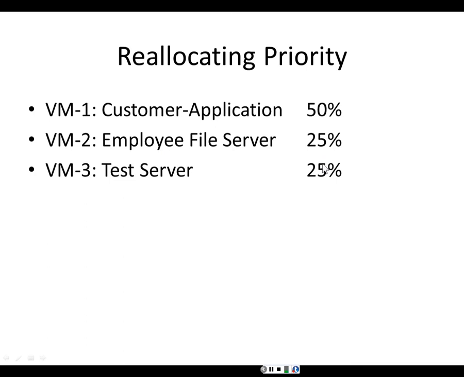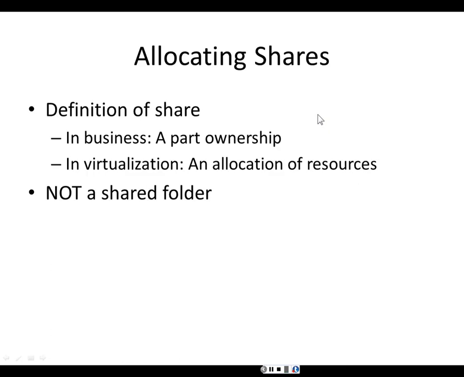Now, by default, they're going to be a third, a third, and a third. So let's see what we can do to reconfigure the system such that the customer application virtual machine will get 50% of CPU resources. And this is called allocating shares.